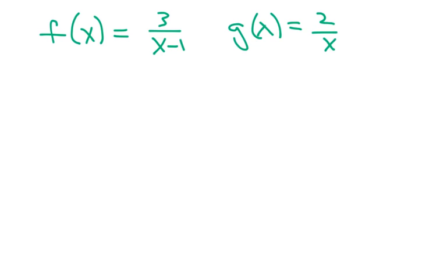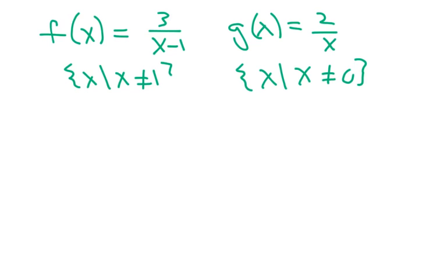So what we notice is g of x is all reals but 0, and f of x is all reals but 1. Basically we know we're going to take this for a composite function.